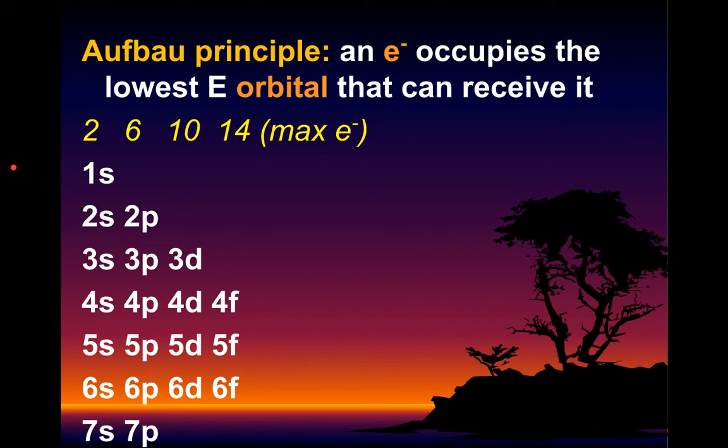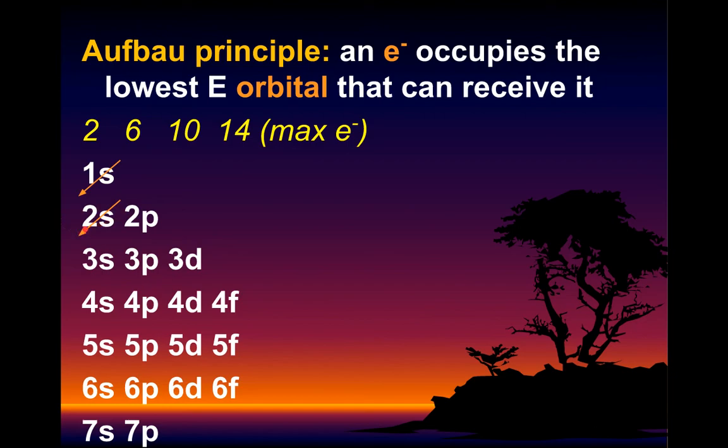So let's go through the order here. Now, the first lowest energy orbital, every electron has to start by filling this 1s orbital. If you have a hydrogen atom with just 1 electron, it's going to fill that one first. Now, after that, we go to 2s. That's the next highest one, so you can put 2 in there because it can hold 2.